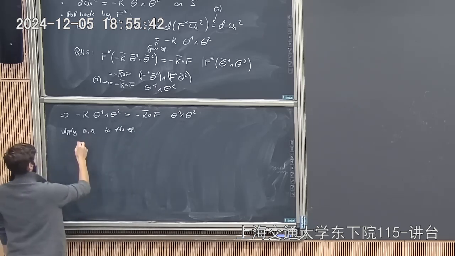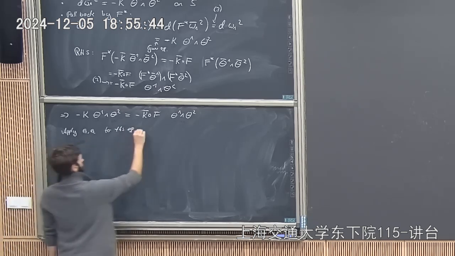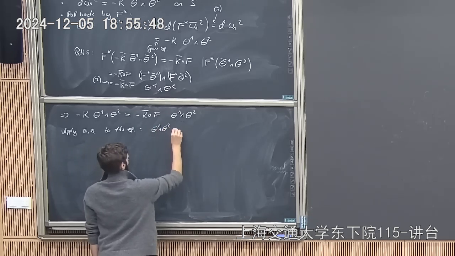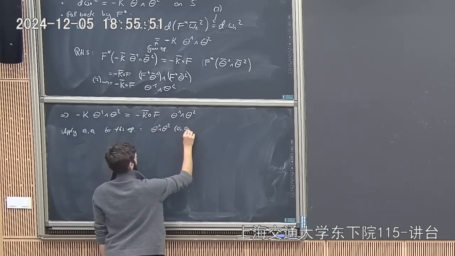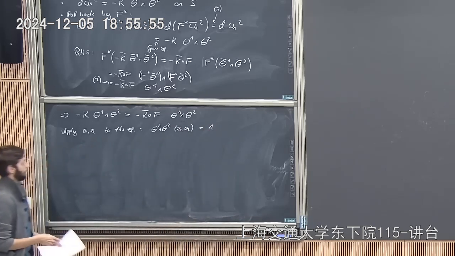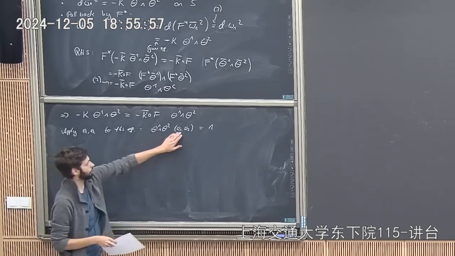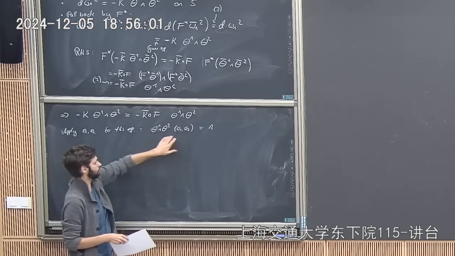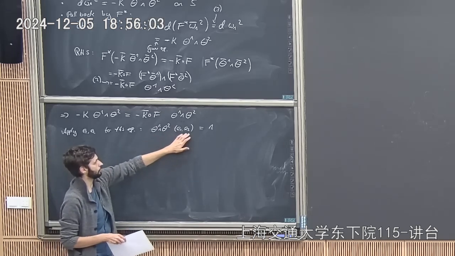What we use here is that theta 1 wedge theta 2 applied to E1, E2 equals 1, because theta 1 eats E1 and gives us 1, and theta 2 eats E2, which just gives us 1.